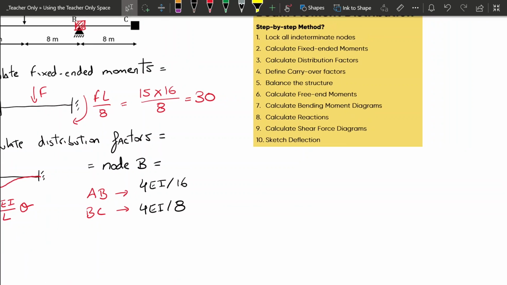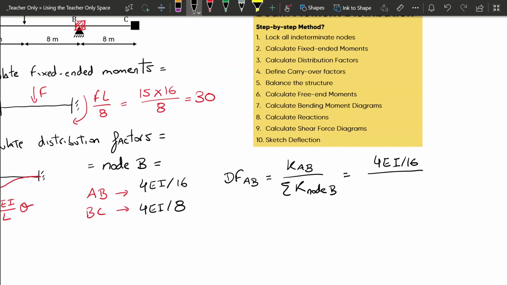So let's do the distribution factor for AB. What we do is take the stiffness of AB, let's call it KAB, divided by the sum of the stiffnesses at node B. So what we get for AB is 4EI over 16 divided by 4EI over 16 plus 4EI over 8.